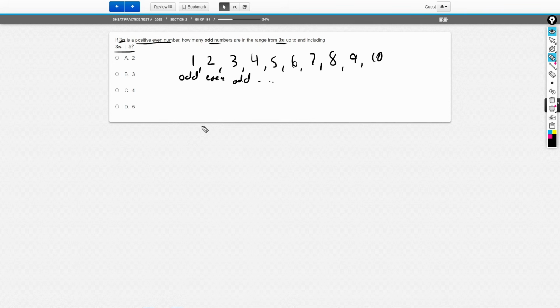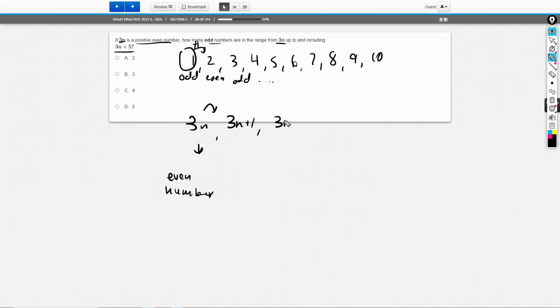It flips. So if I know that 3n is an even number, how do I show the next number in the sequence? Well, I add 1 to it. Let's say that 3n is equal to 1. How do I get to the next number? I just add 1. Again, this is the same thing as those consecutive integers, right? It's equal to the last integer, or the variable, plus 1. So if my variable is 3n, that means that my next number is 3n plus 1.